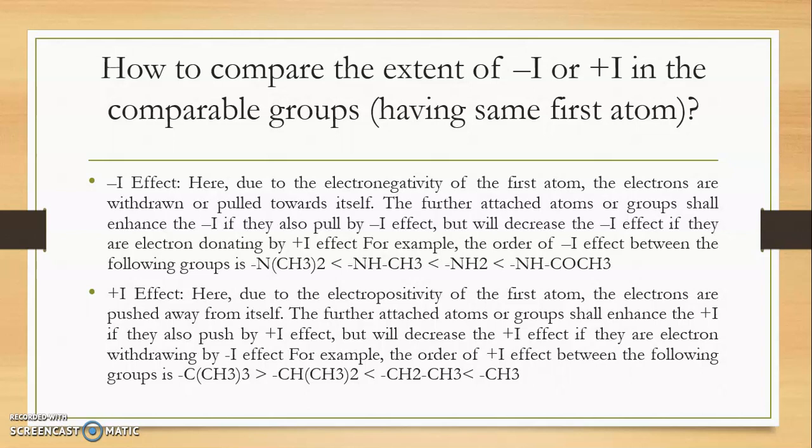Plus I effect: due to the electropositivity of the first atom, the electrons are pushed away from itself. Groups that are also pushed by plus I effect will increase the plus I effect, but will decrease it if they are electron withdrawing by minus I effect. The plus I effect follows this order.